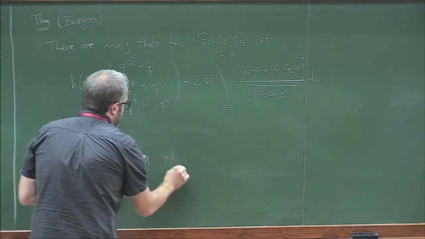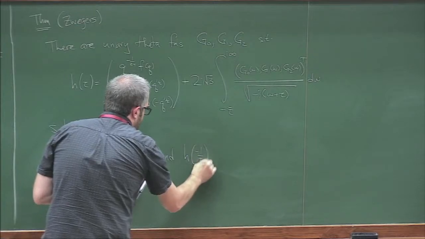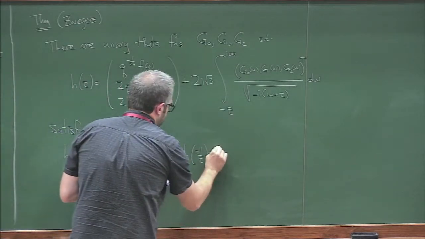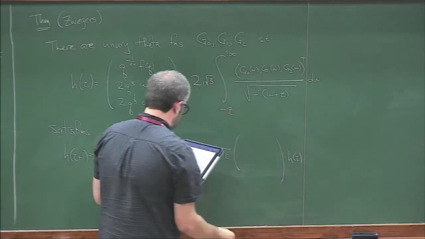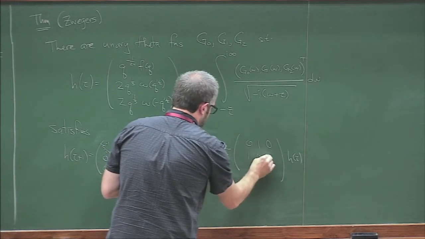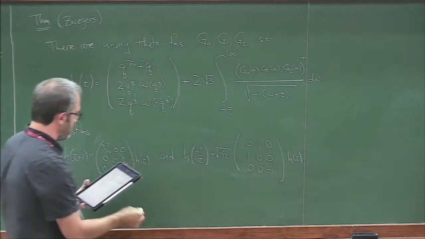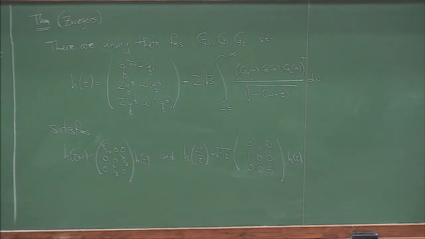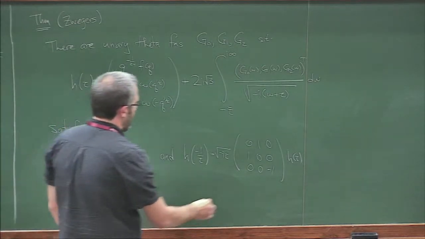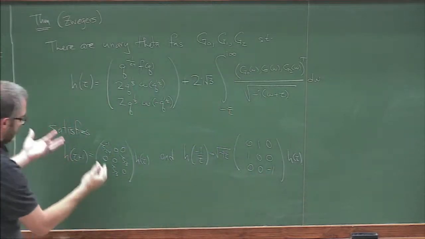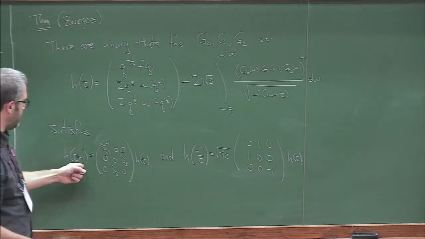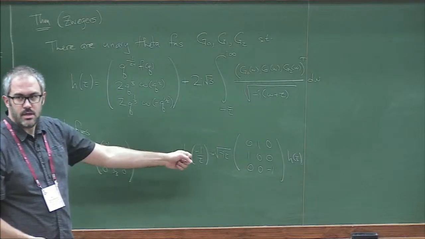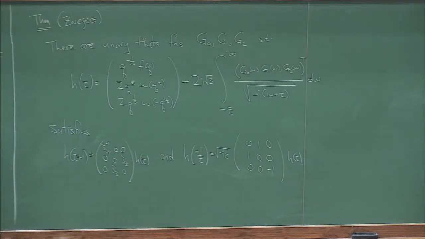And much more interestingly, h of minus 1 over tau is equal to square root of minus i tau times a matrix times h of tau, and this matrix is 0, 1, 0, 1, 0, 0, 0, 0, minus 1. And so this is a vector that transforms in this beautiful way under all of the matrices in SL2Z, because these two transformations generate SL2Z. Okay, so we could call this a vector-valued harmonic Maass form.